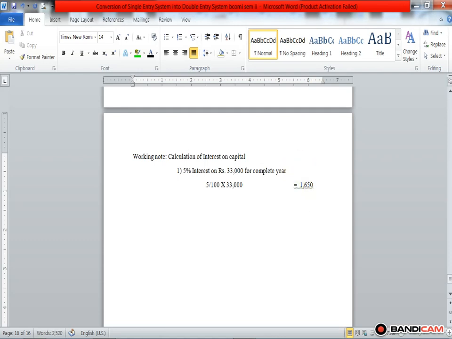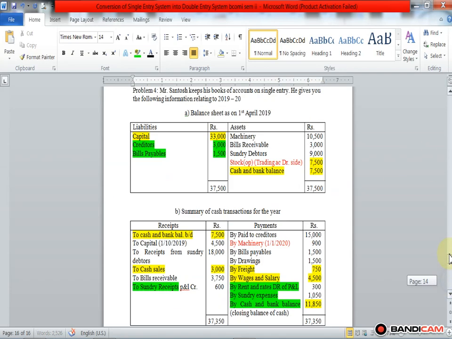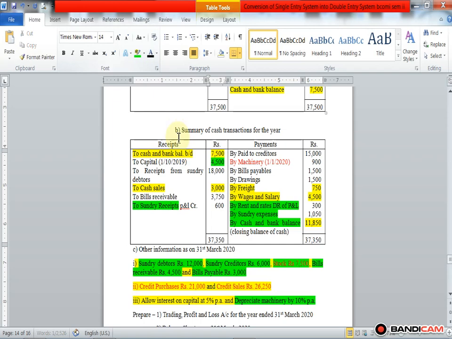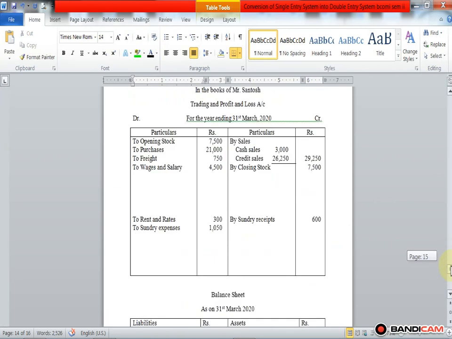Second point, 5% interest on rupees 4,500, which is given to you in the summary of cash transactions. So this is the additional capital. Count the months.